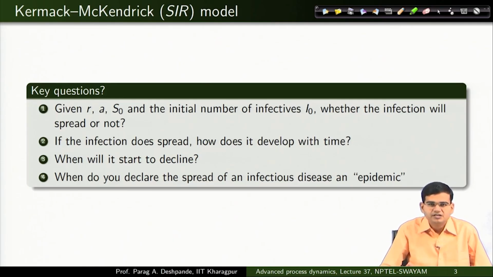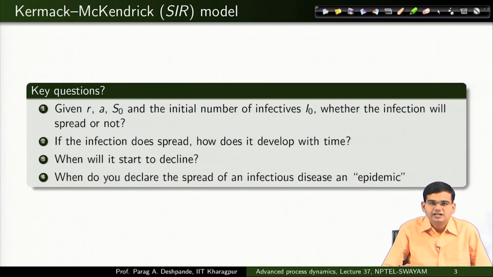We came across a term reproduction number in the previous lecture, which I said would give an idea that when the reproduction number R 0 was greater than 1, then the infection would in fact spread.